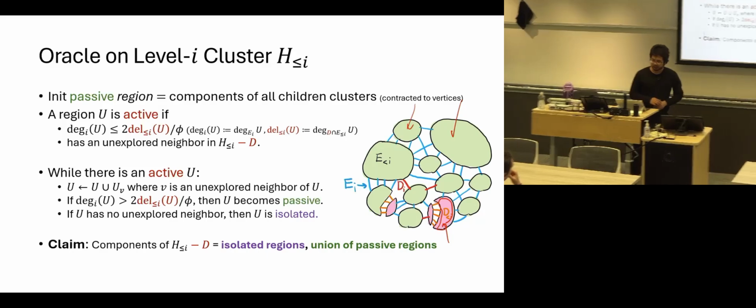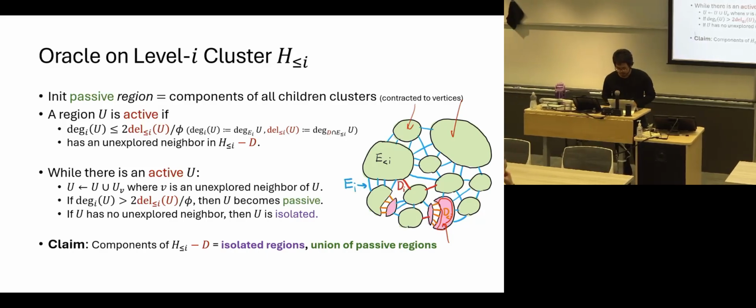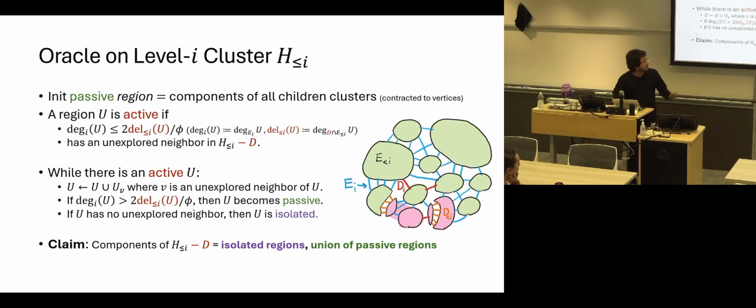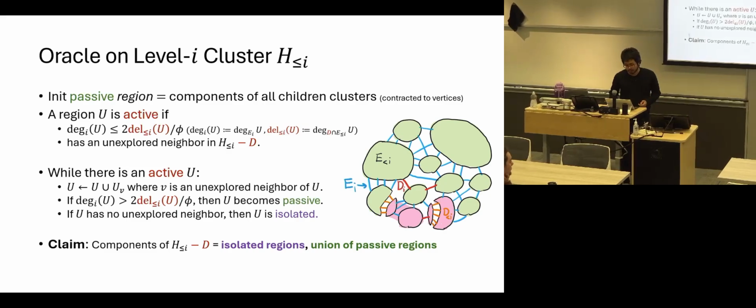Okay, good. So now let's say I'm going to start exploring from this active region. I find one neighbor here, this is my neighbor, and this is V. This is the region of V. So I merge it, and maybe it's still active. So I go further, and then I merge.